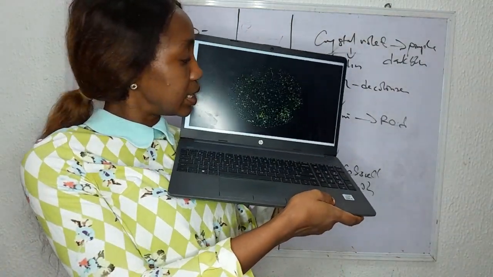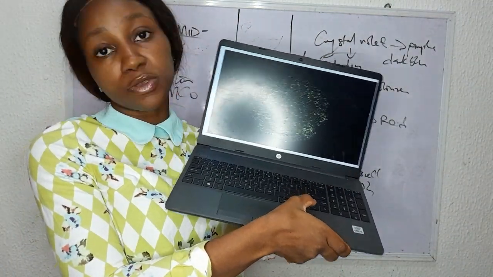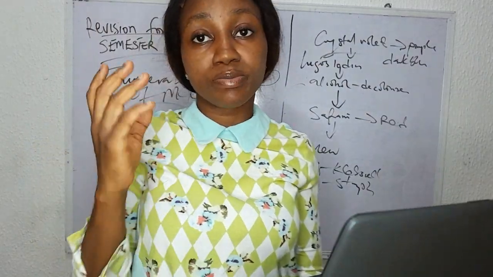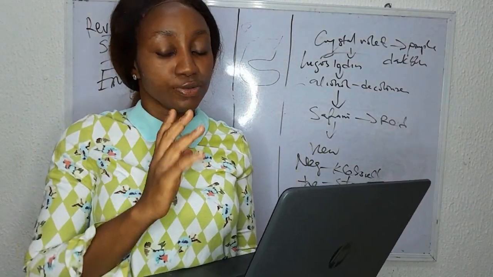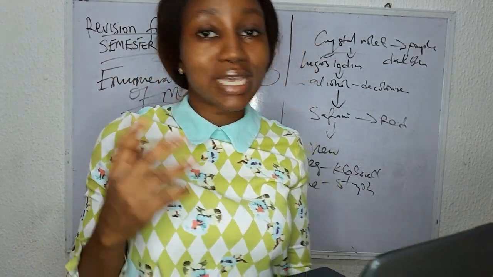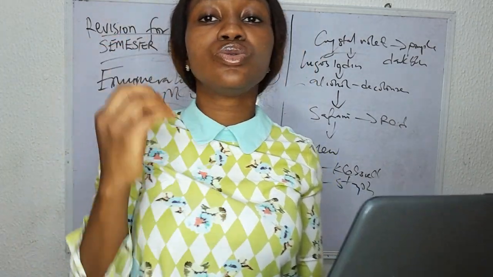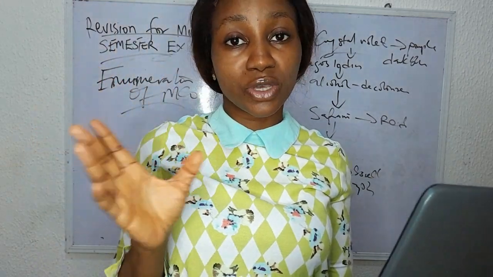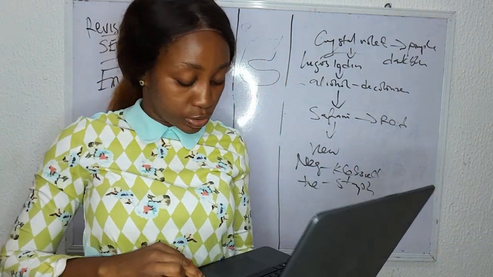You can see from my slide, this is just a microscopic view of what we're talking about. Direct cell count. Make sure you know you're going to use immersion oil for this viewing. It has advantages and disadvantages. Do well to know the importance, the advantages and limitations for each of the methods.